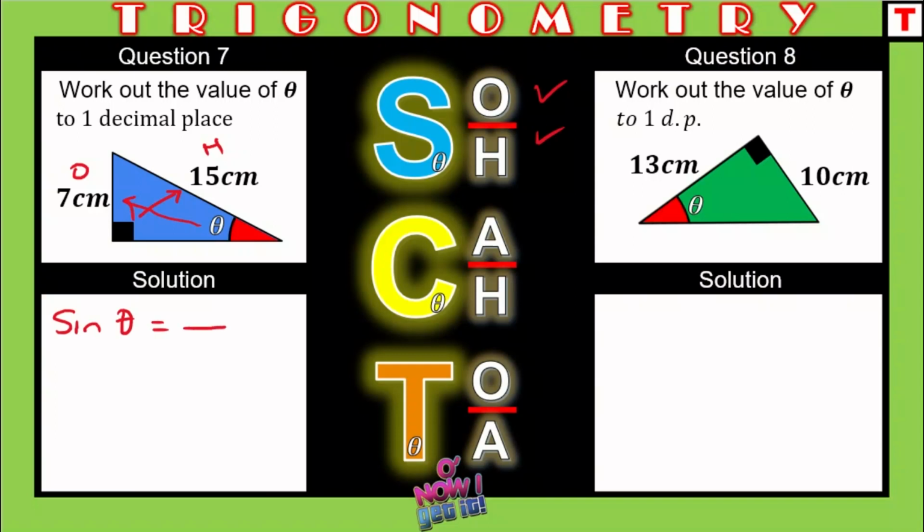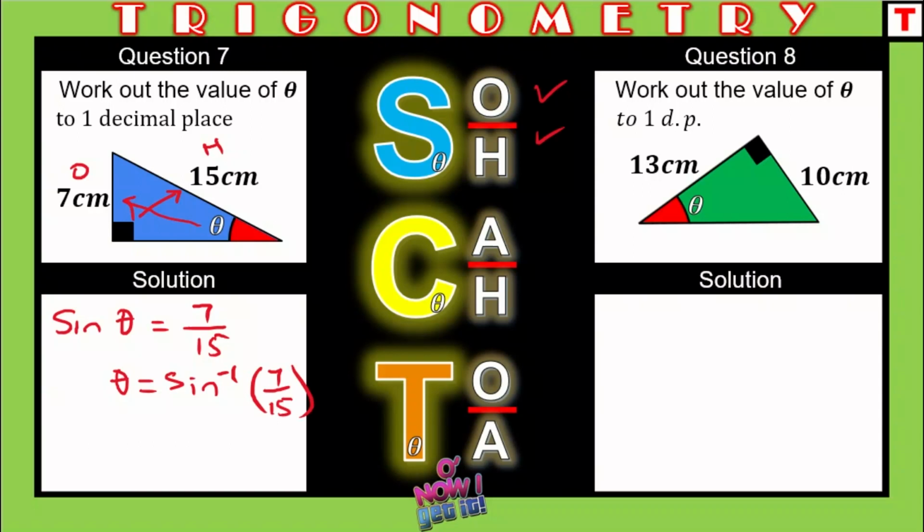Therefore, this would be equal to that fraction on the right, so O divided by H. And O is now being replaced with 7, and H is being replaced with 15. Therefore, for me to find the value of theta, we're going to have theta equal to sine inverse, which is written like this, sine to the power of -1, and we're going to have the same fraction in brackets.